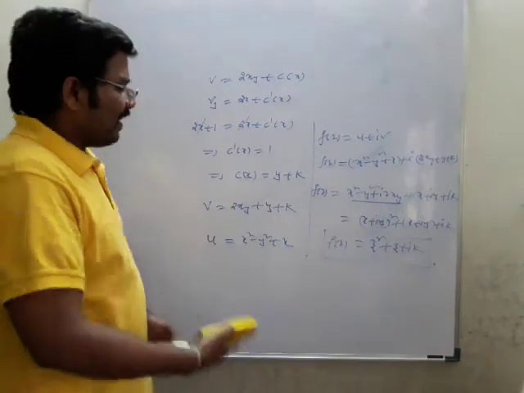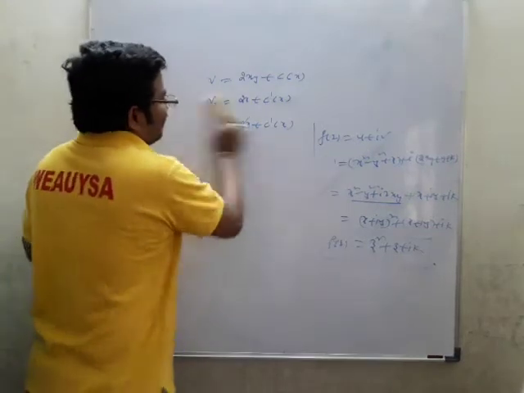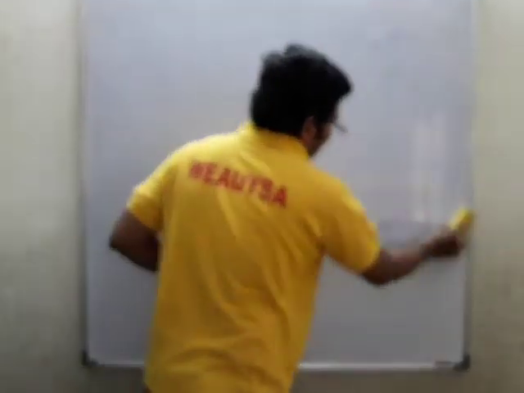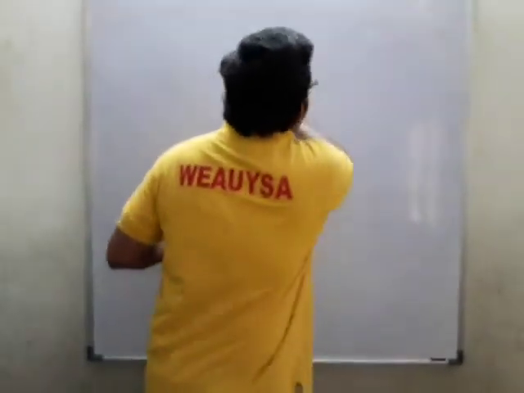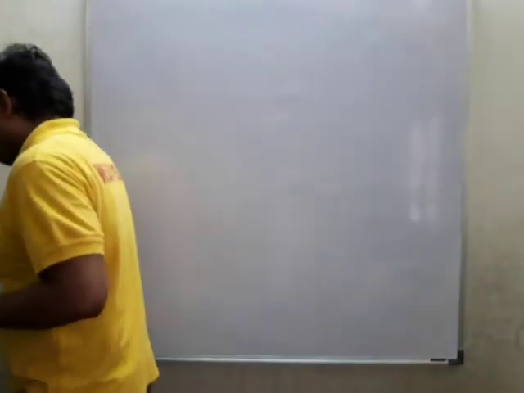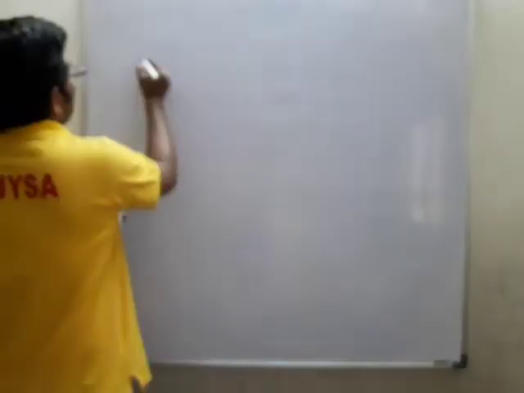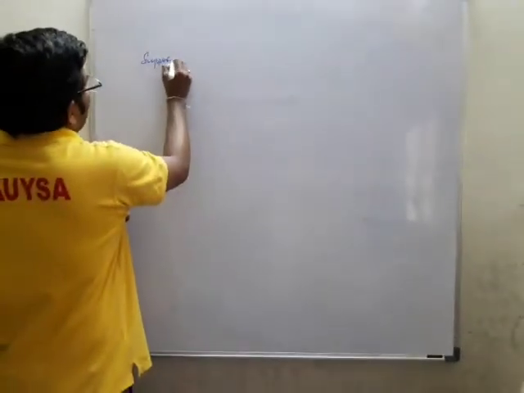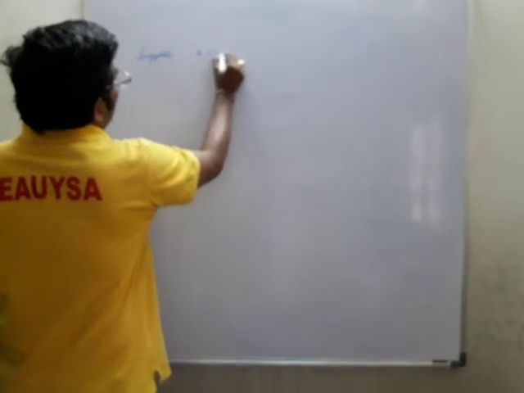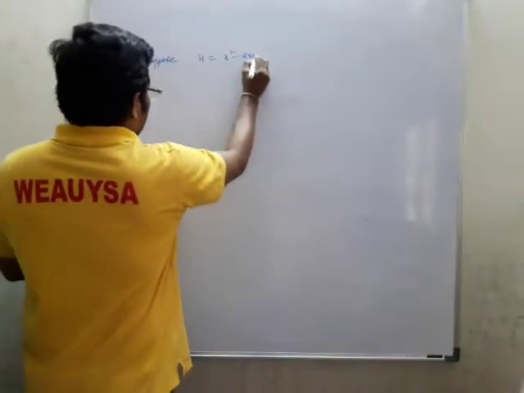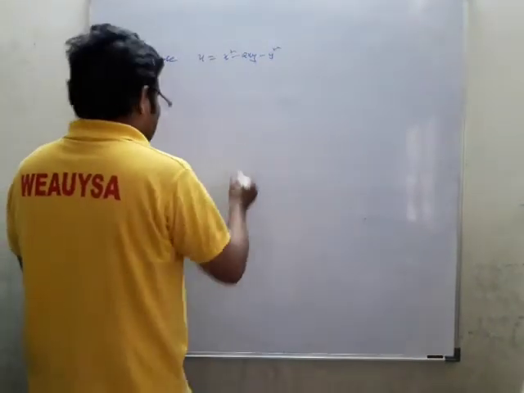Okay, dear students. Next, after this problem, we'll try to find another important problem. Suppose u equals x square minus 2xy minus y square.